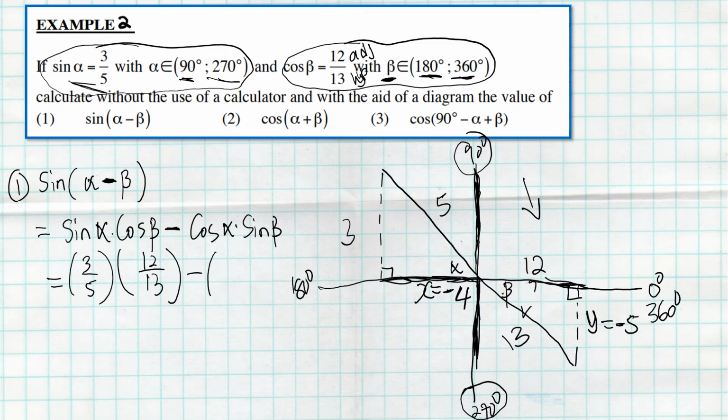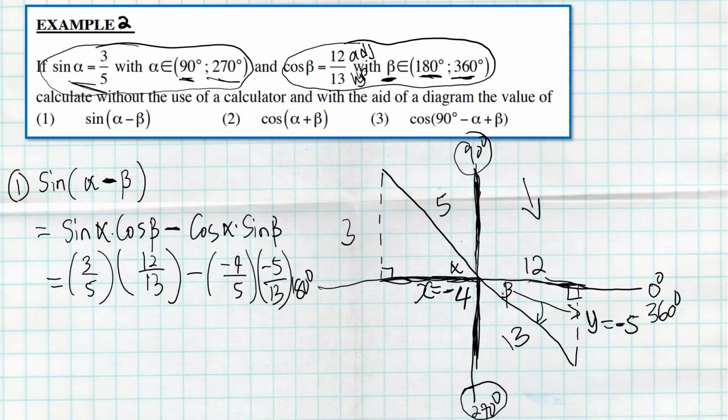Minus cos alpha. Let's go to this triangle for alpha. Cos alpha is adjacent over hypotenuse, so it will be minus 4 over 5. Then lastly, we have sine beta. Sine beta is opposite over hypotenuse, so it will be minus 5 over 13.